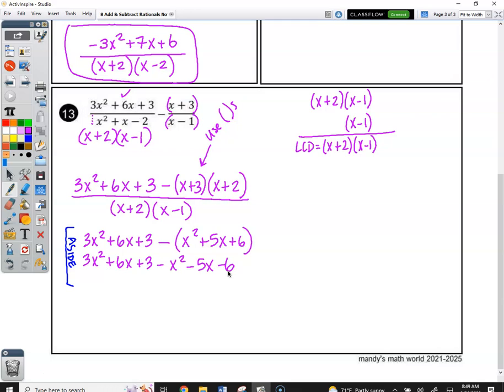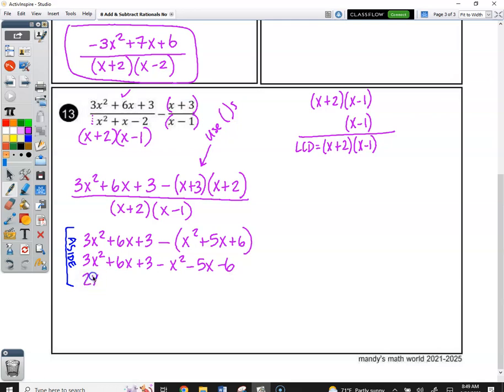It's one of those techniques where once you get comfortable in the math, then you decide which route you want to go. Right now, I just want to get you comfortable finding the LCD, and then multiplying what is needed to get the one fraction. All right, combine like terms.